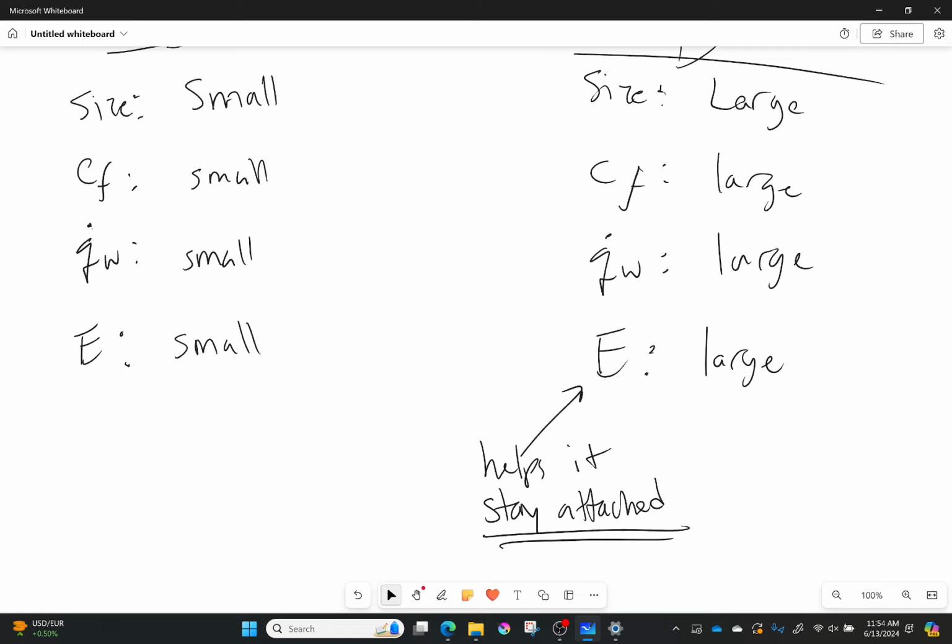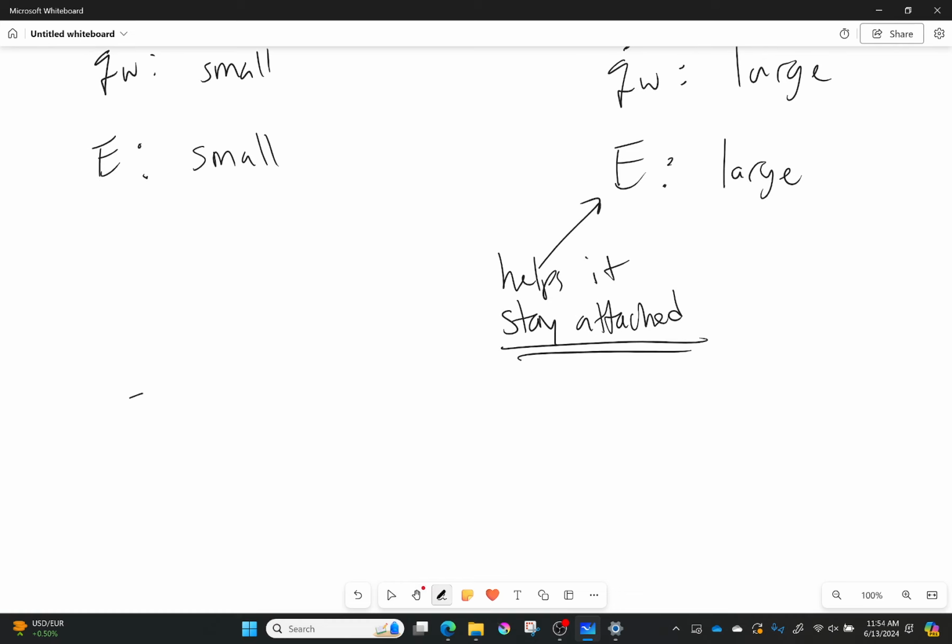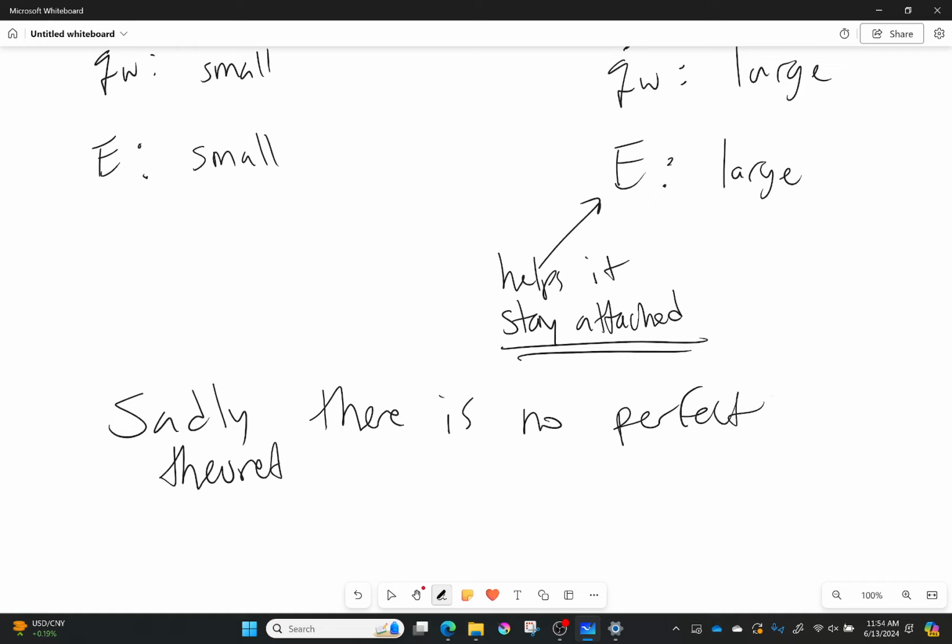Now, sadly, there is no perfect theoretical model. For laminar boundary layers, we had some nice self-similar solutions for particular cases. We could say, this is how it will work exactly.